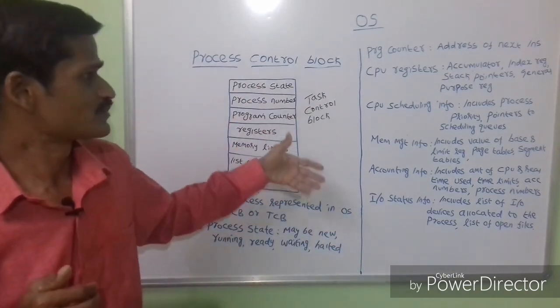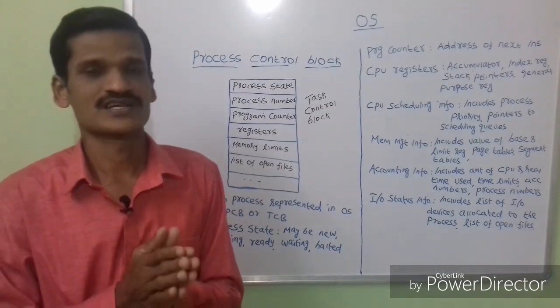So this is the simplest example of a process control block.